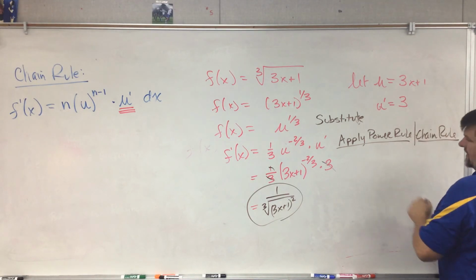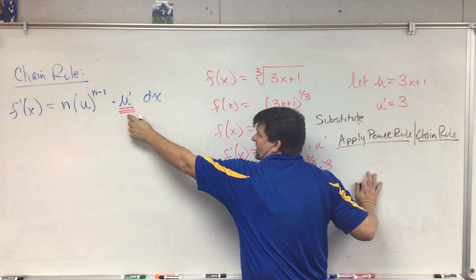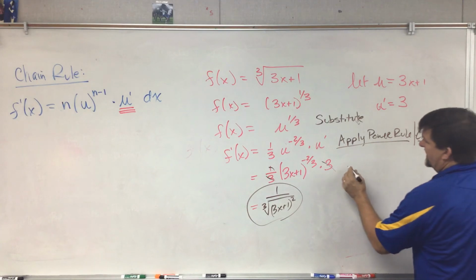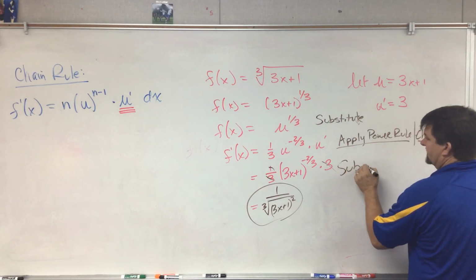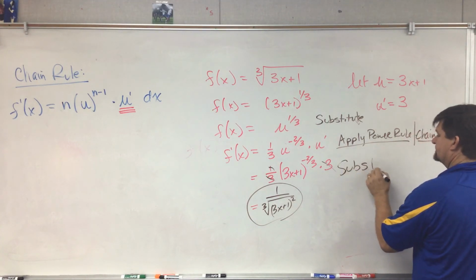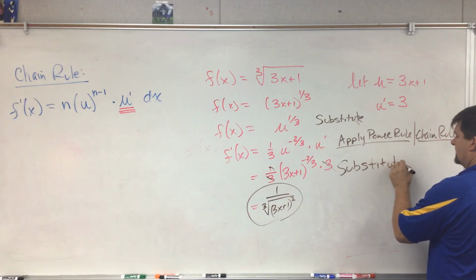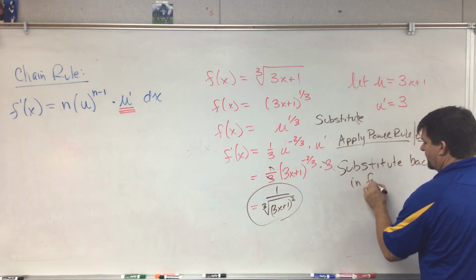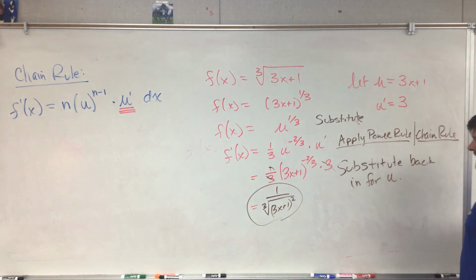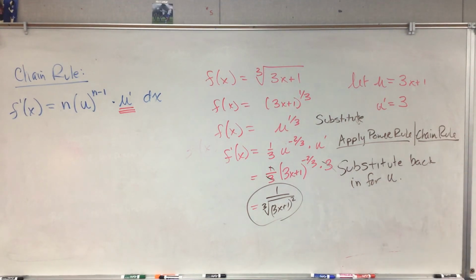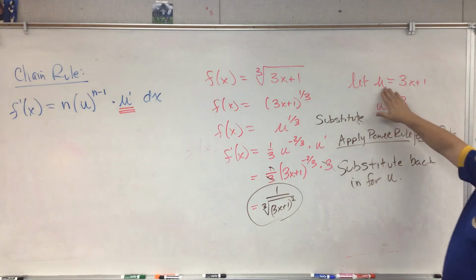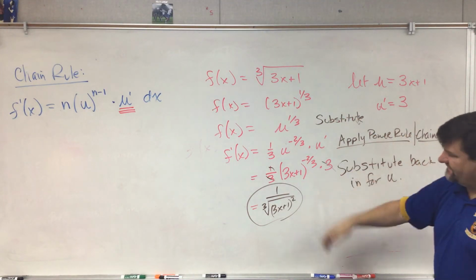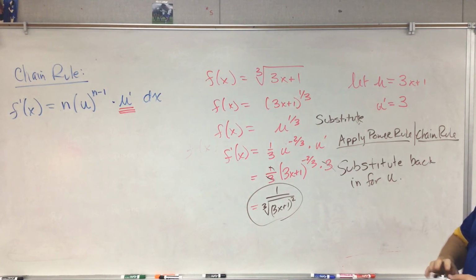That's the chain rule, and remember, it adds that u prime there. And then once we're there, we substitute back in for u. Okay? So that is our chain rule. We're using what's called u substitution to clean it up and then finish it. It works well for the more complicated problems.